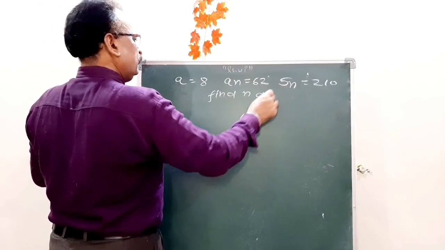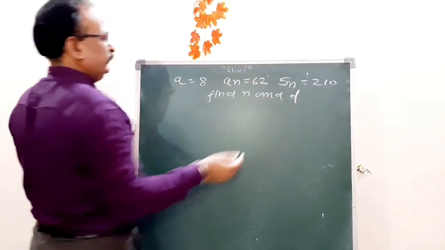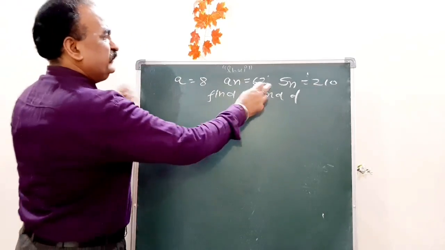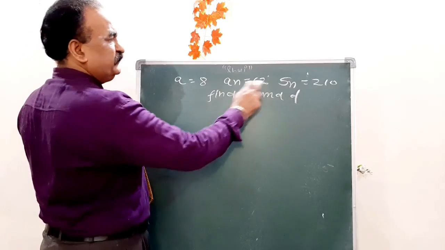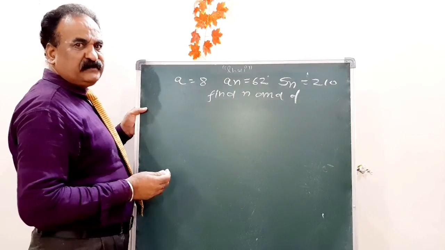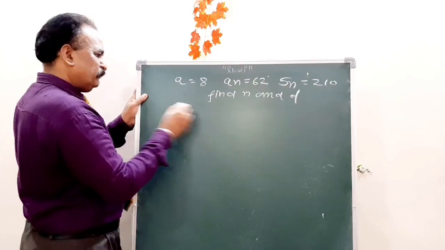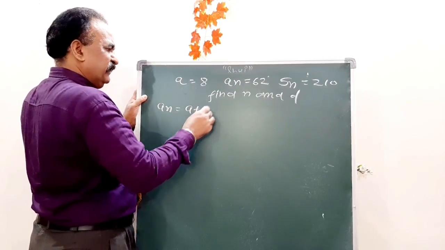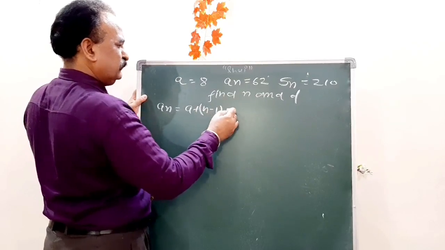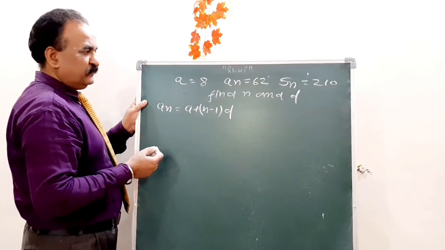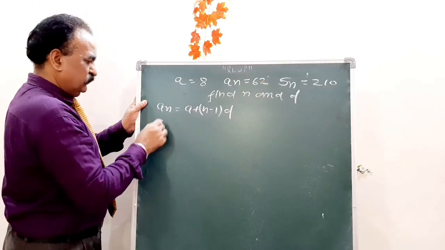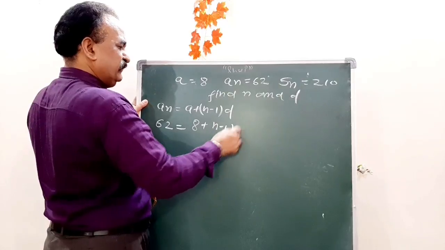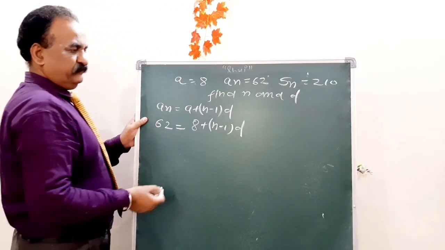This is the question. l is equal to 62, it means the last term is given to you. So l is a plus (n minus 1) into d, and l is 62. So 62 is equal to a, which is 8, plus (n minus 1) into d.